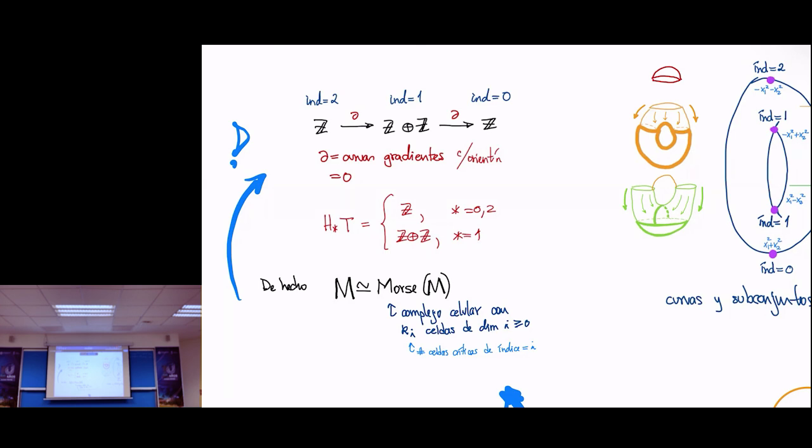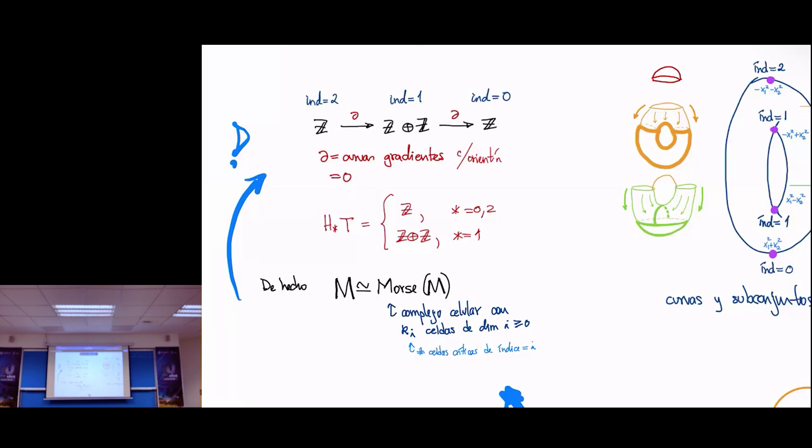In this case, I only did what I described. And this is quite efficient in the sense that this Morse complex has as many cells in a given dimension as critical points the function had of that index, of that dimension.